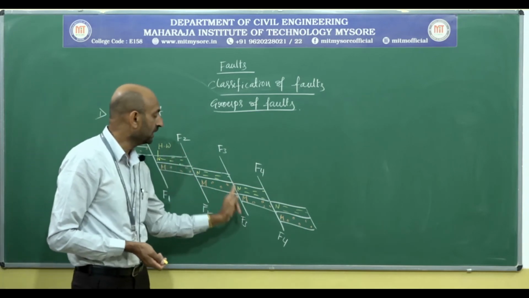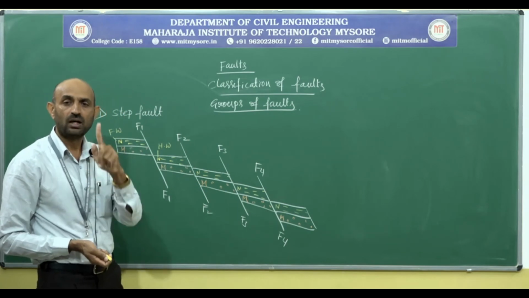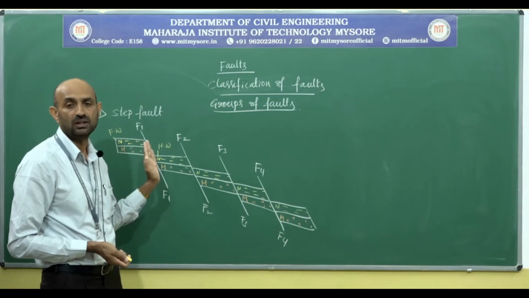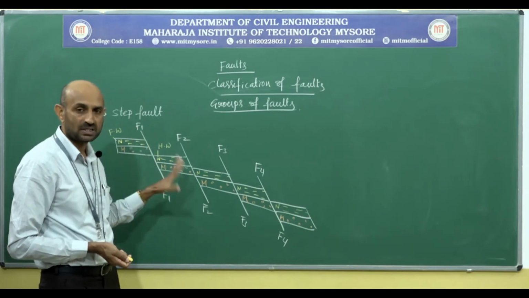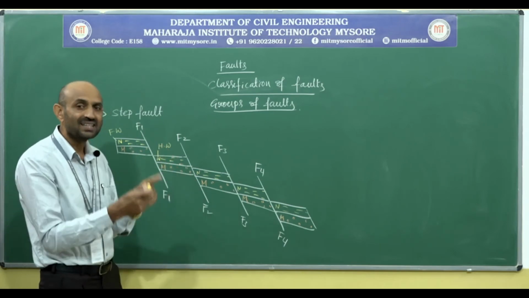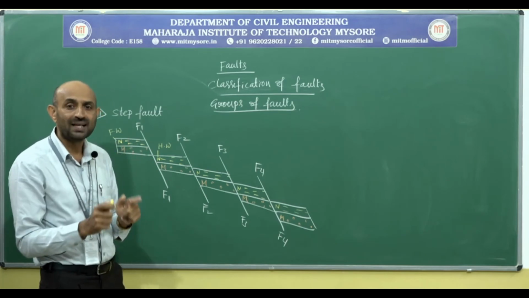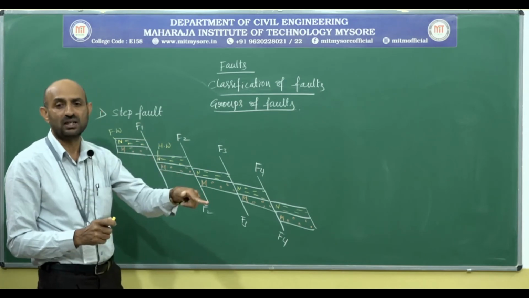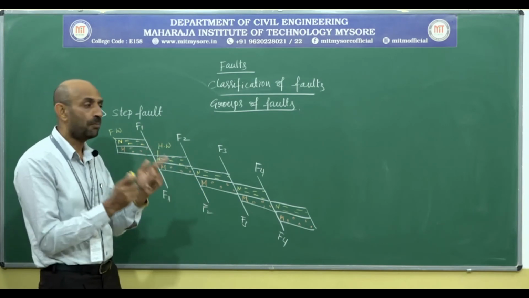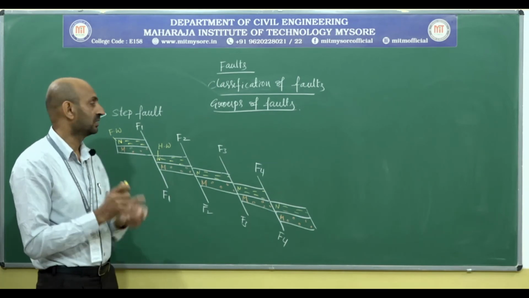For every fault plane, the right hand side block becomes the hanging wall, the left hand side block becomes the foot wall. That is the basic concept. Where we find a series of normal faults whose fault planes are all dipping in the same direction, which appears in the form of steps of a staircase, then it is called step fault.